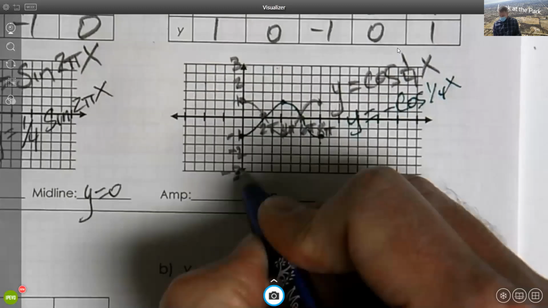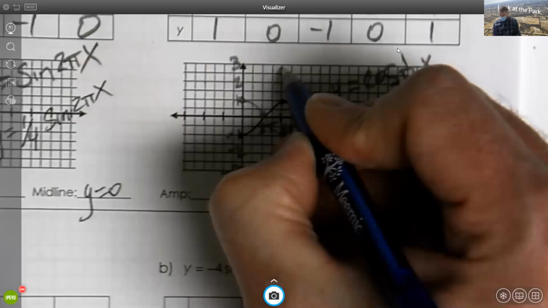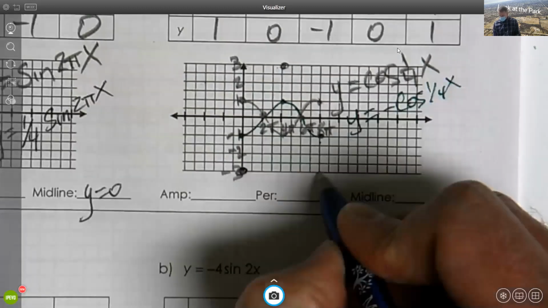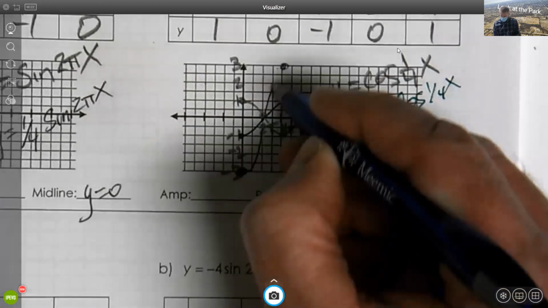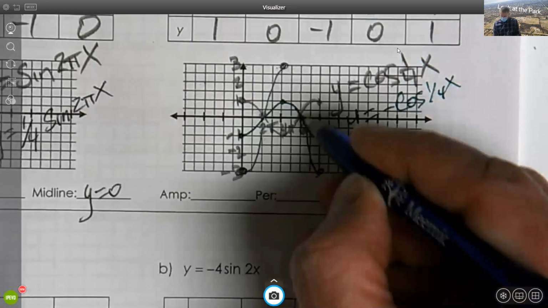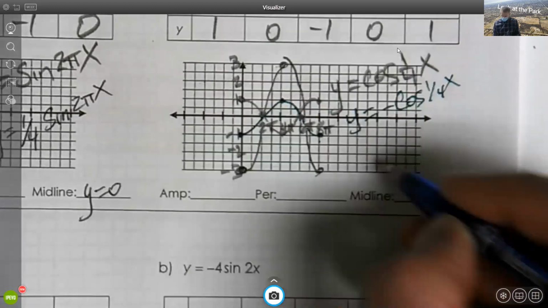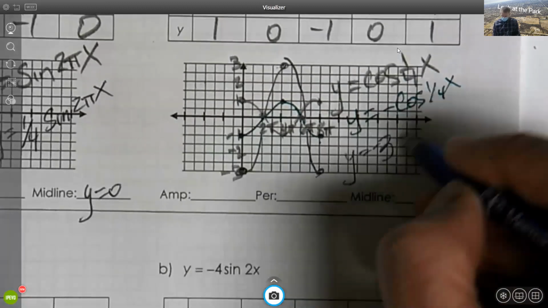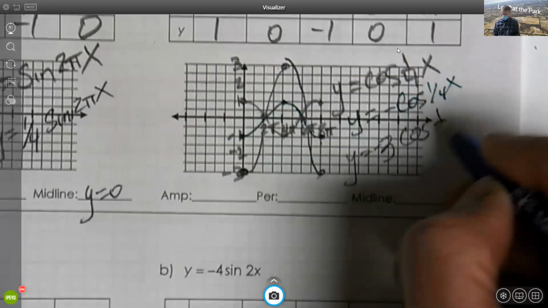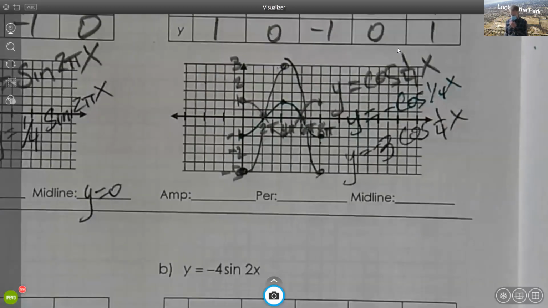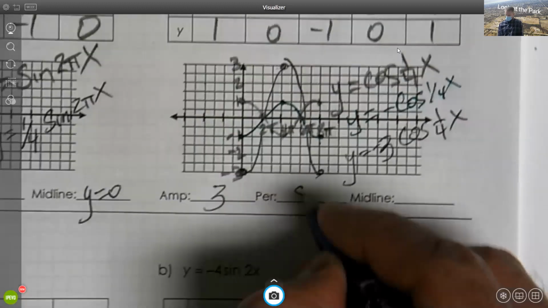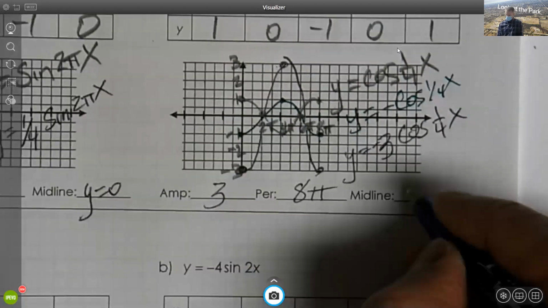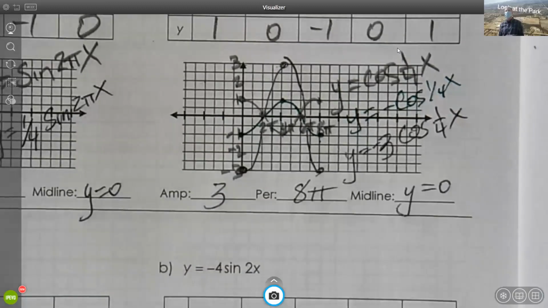So we go 3 down, we go 3 up, and we go 3 down. So y equals -3 cosine of 1/4 x. So our amplitude is 3, our period we counted as 8 pi, and our midline is y equals 0.